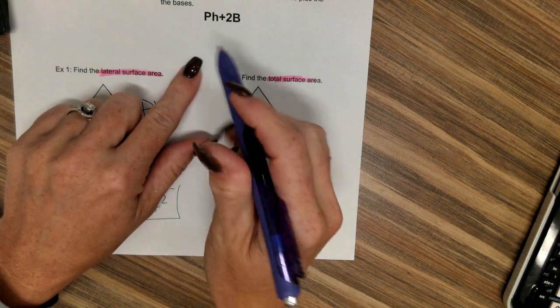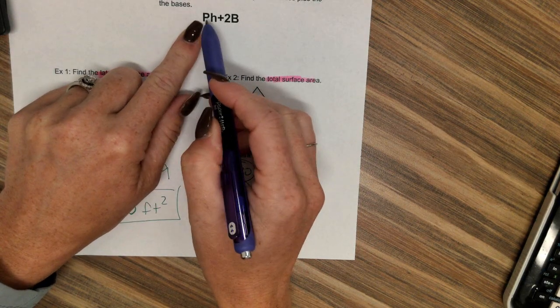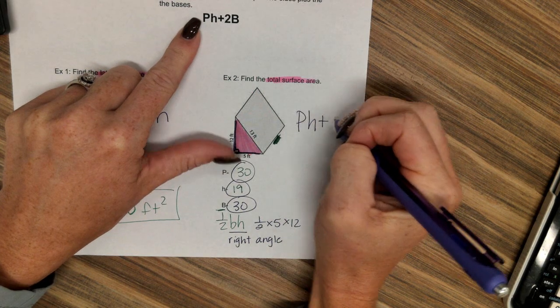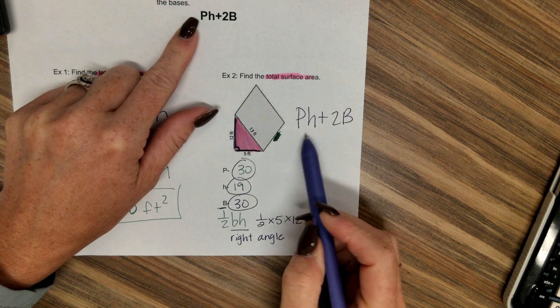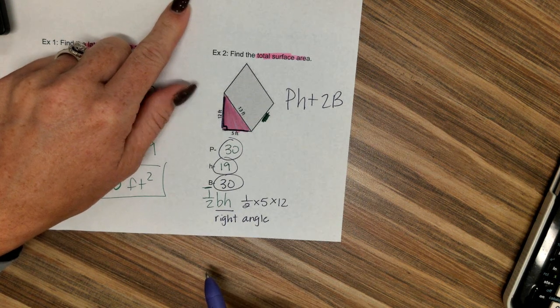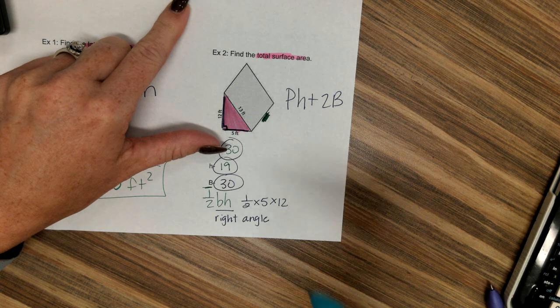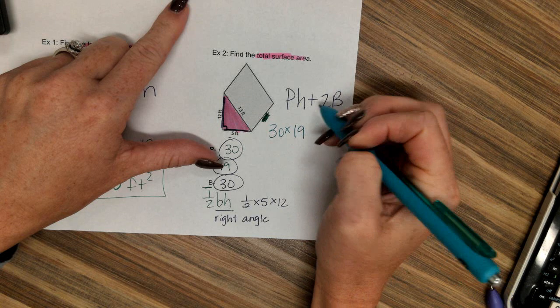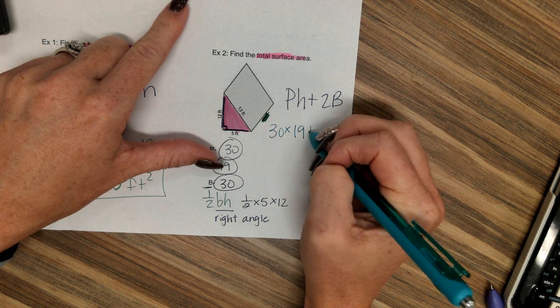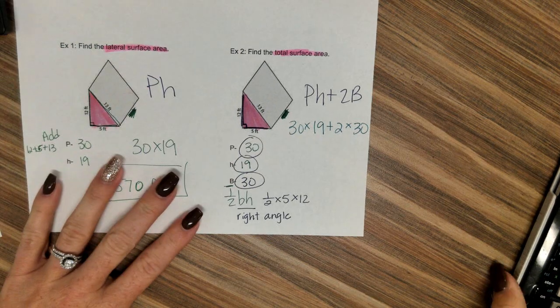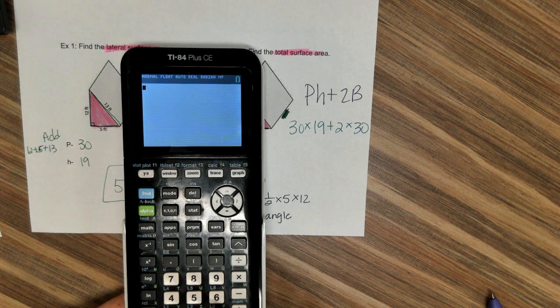So since it's total surface area, which formula am I going to do? PH plus 2B. So I'm just going to plug these numbers into this formula. All right, here we go. P, 30, times H, 19, plus 2 times B. And I'm just going to type that in my calculator.